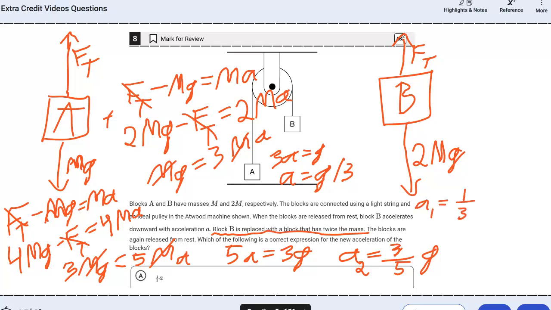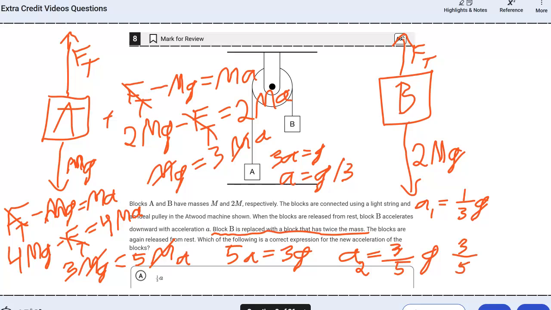So now the relationship between the two: the question asks how many times more is A2 than A1. So we just do 3/5 divided by 1/3.